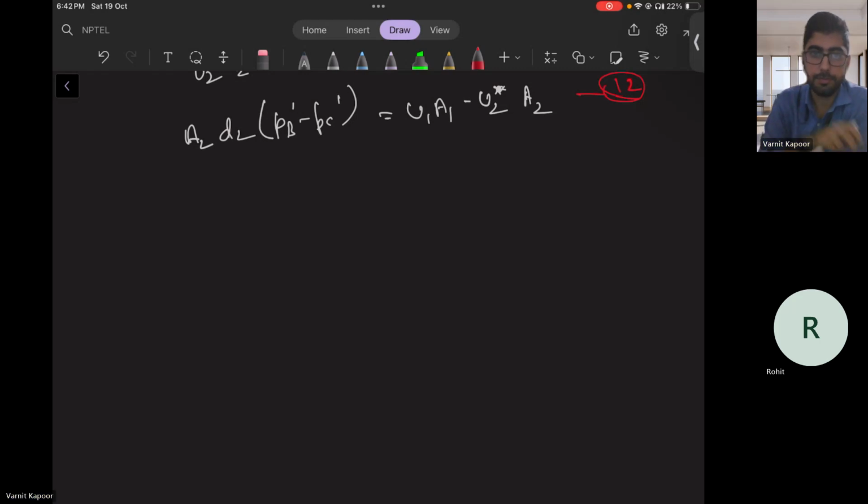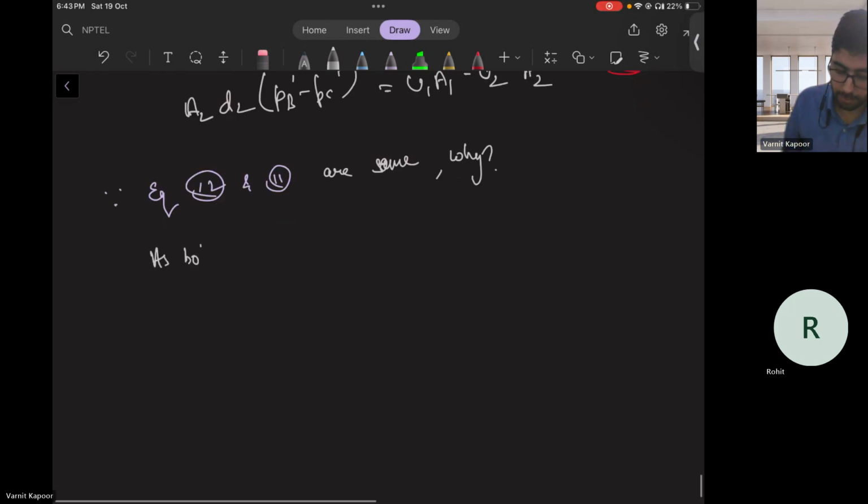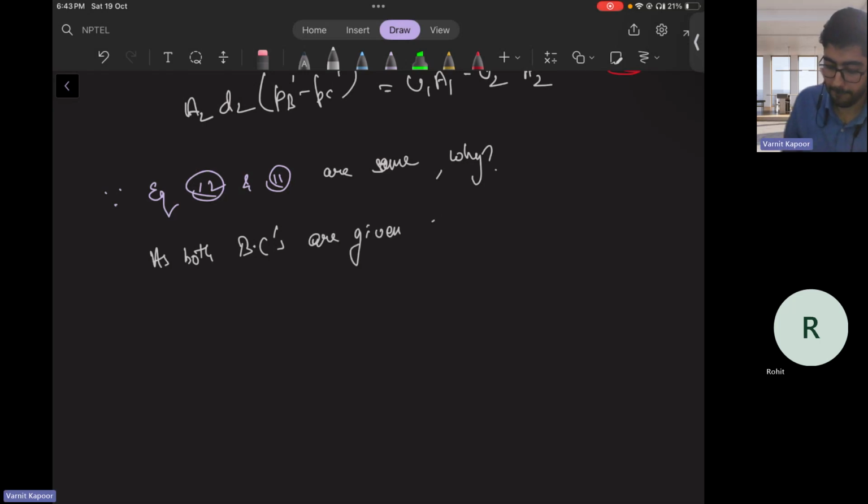Let me write this. Since equations 12 and 11 are the same, why? The question arises as both boundary conditions are given for velocity. No boundary condition for pressure.